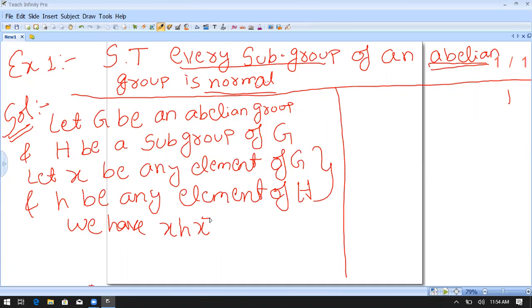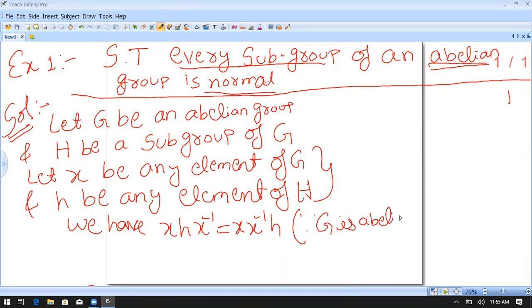Next we have x h x inverse is equal to x x inverse h. This is how we take it, because G is abelian. G is an abelian group, so h x inverse becomes x inverse h.